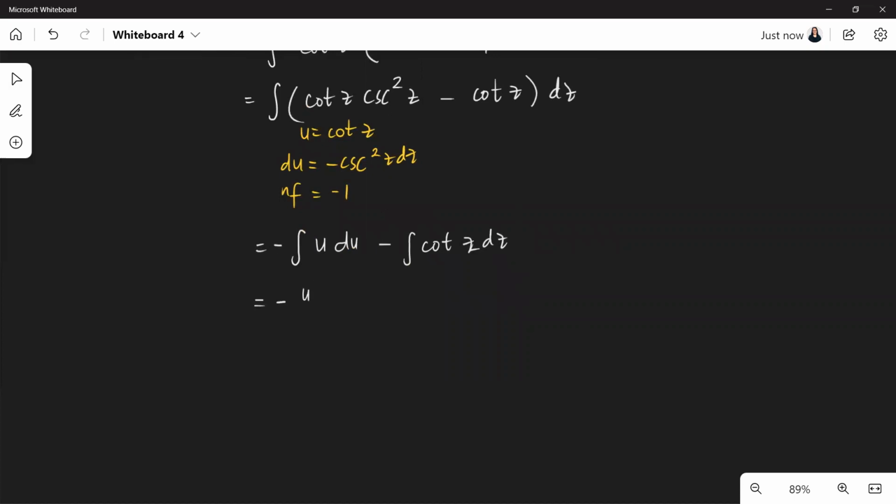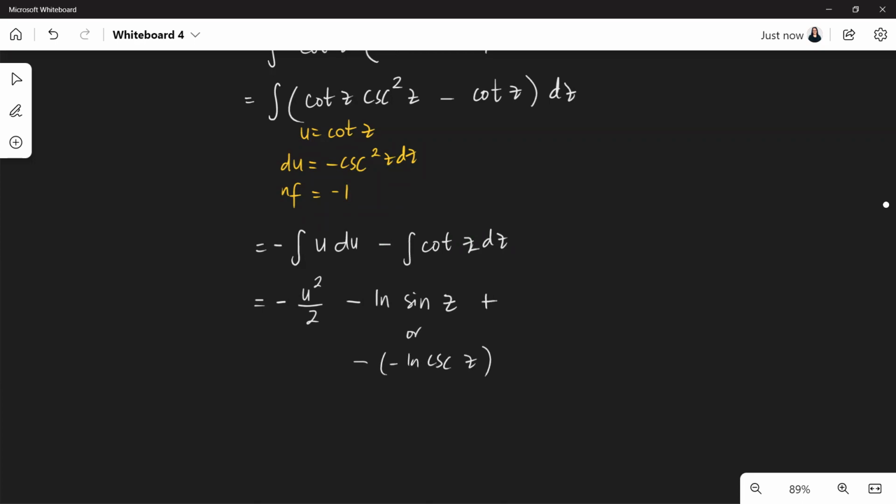It's negative u squared over 2, and then minus the integral of cotangent z, which is ln of sine z, or negative ln of cosecant z, minus negative ln of cosecant z.